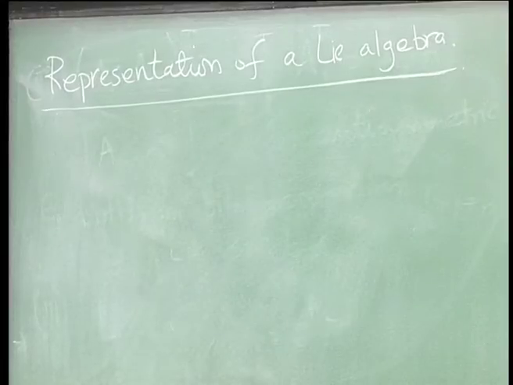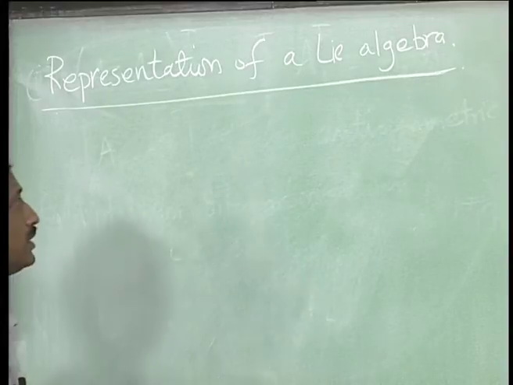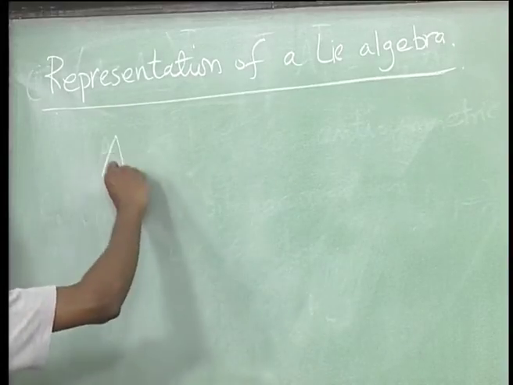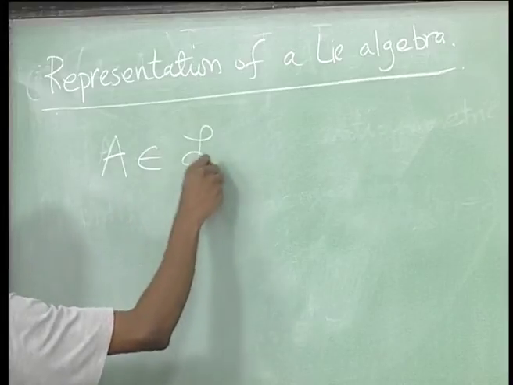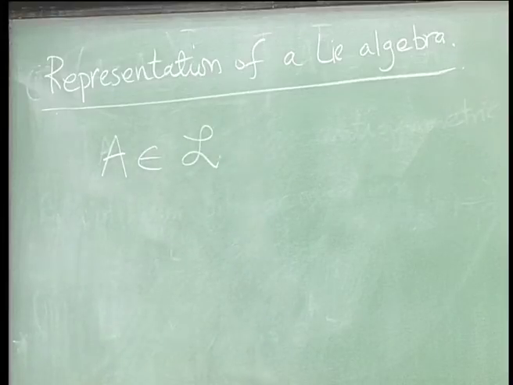Okay. So, a Lie algebra, I told you, has this whole structure. So the idea is that, let us say that A belongs to, let me use script L. A belongs to script L means that it is an element of a Lie algebra L, and it has all the standard properties.